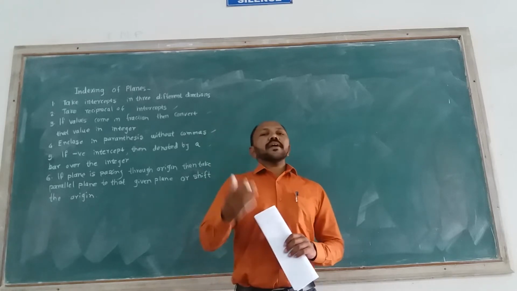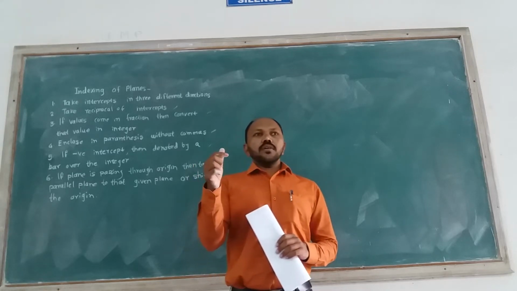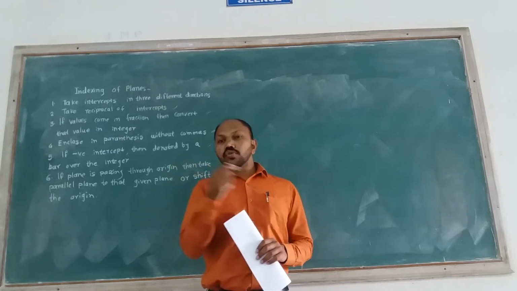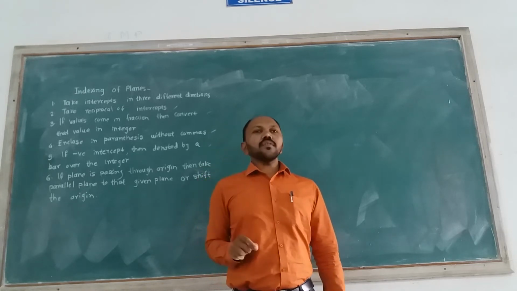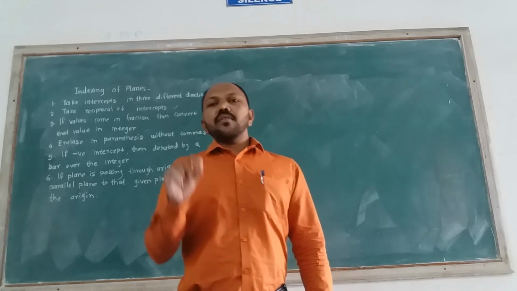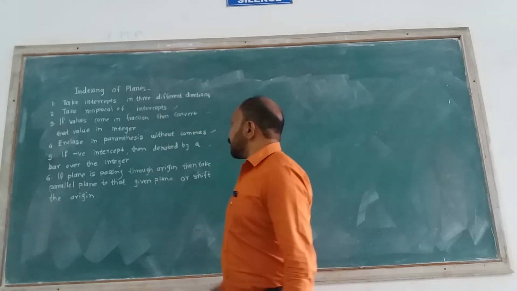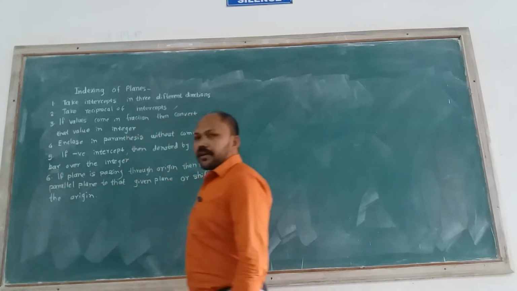If a negative value is there, for example if we go opposite to the positive a direction, then we put a bar over that value.